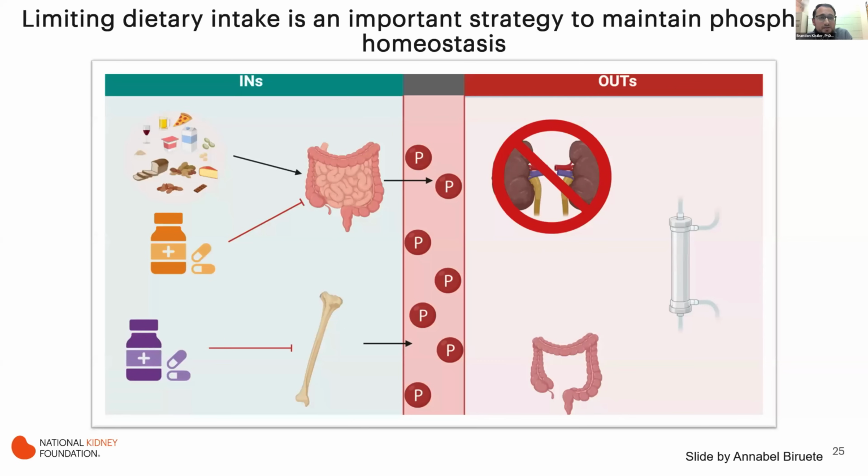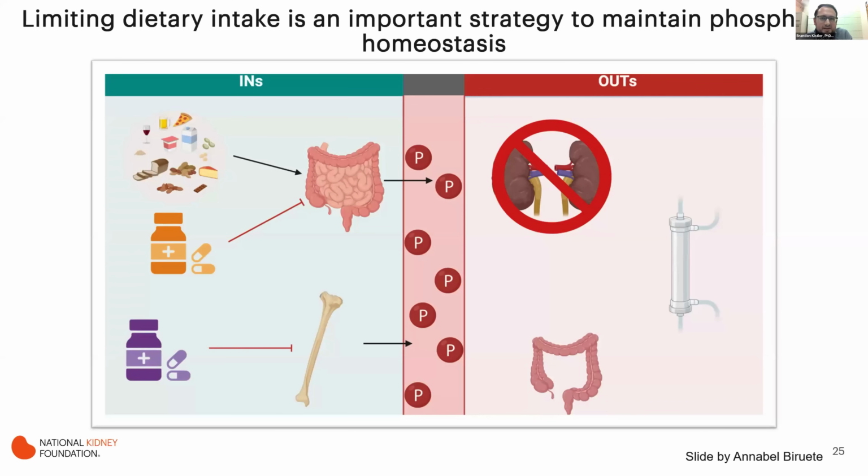In people on dialysis, we have somewhat limited capacity to increase the out. And so oftentimes dialysis and these medications aren't enough, and phosphorus starts to build up. For that reason, there's been a lot of interest in limiting dietary intake of phosphorus.